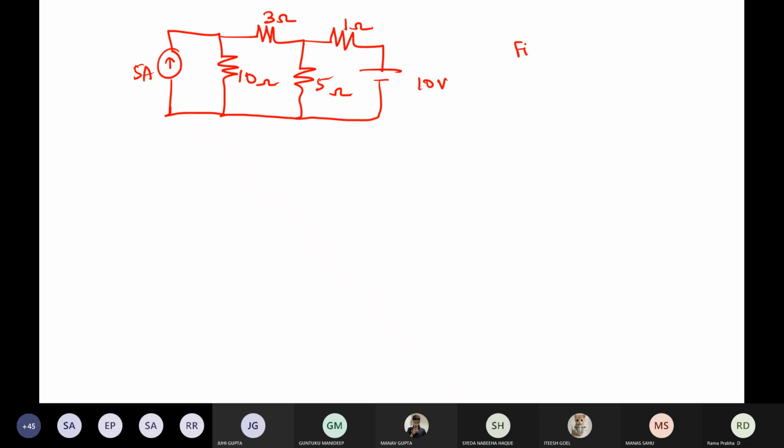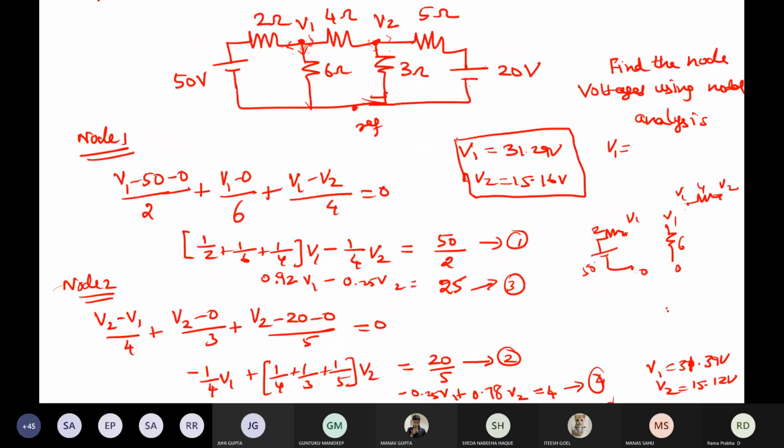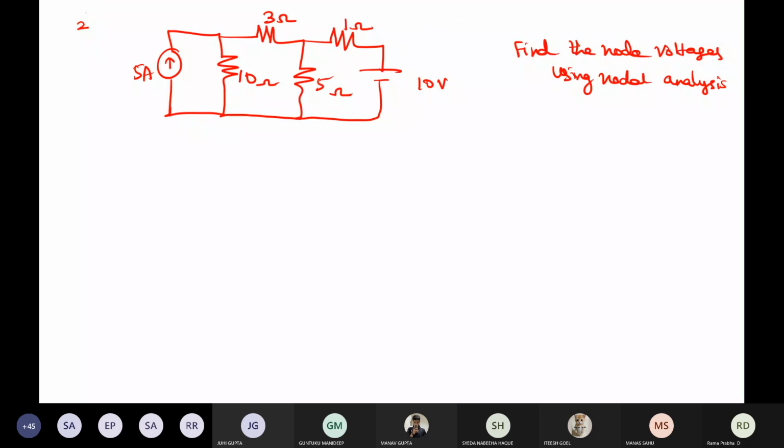Find the node voltages using nodal analysis. So note down this problem, students. This is the third problem, or second problem of nodal. All of you note down this problem.